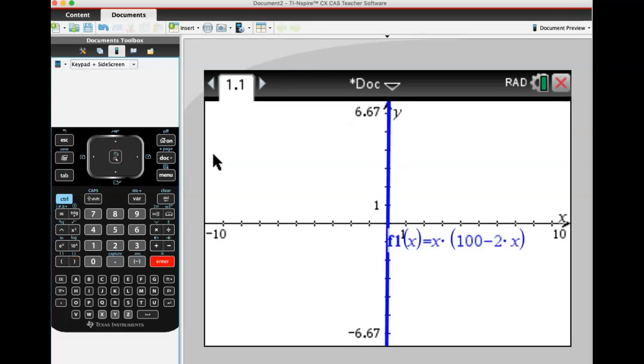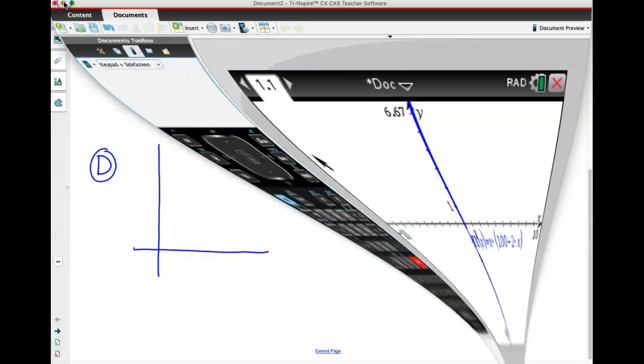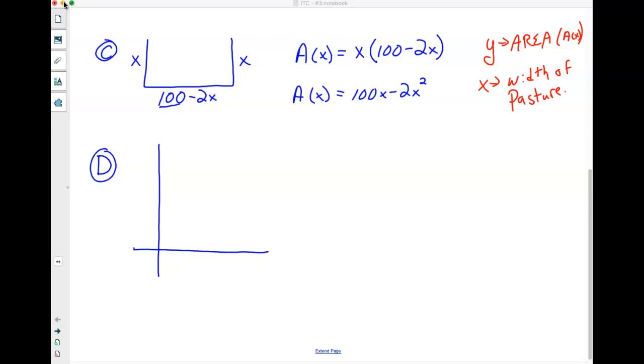So what we're going to do is graph that. Oh boy, can't really see it. Well, this is really a pretty easy one, but remember, how would you adjust your windows to see what we need to see? Well, pretty obvious. The graph of this thing is going to be a parabola, and what I know about a parabola is it's going to be concave down.